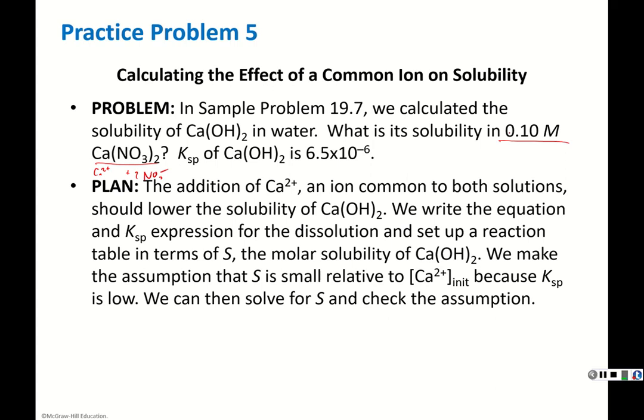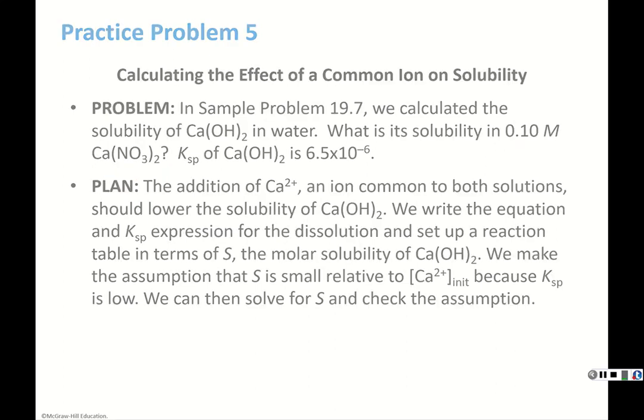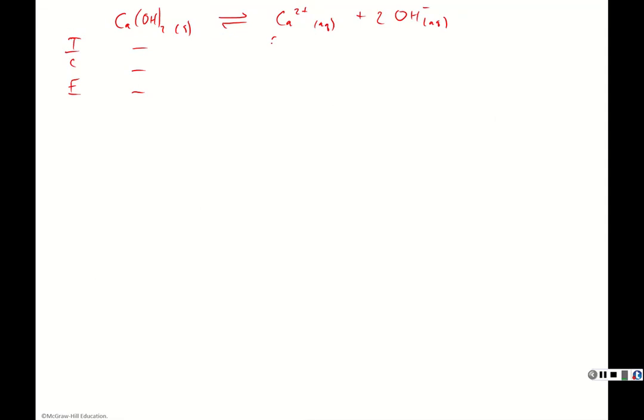There's a 1-to-1 ratio of calcium to the compound, so it's going to be the same concentration of calcium 2 plus, 0.1 molar. So we're starting with 0.1 molar for calcium, and 0 again for OH minus.